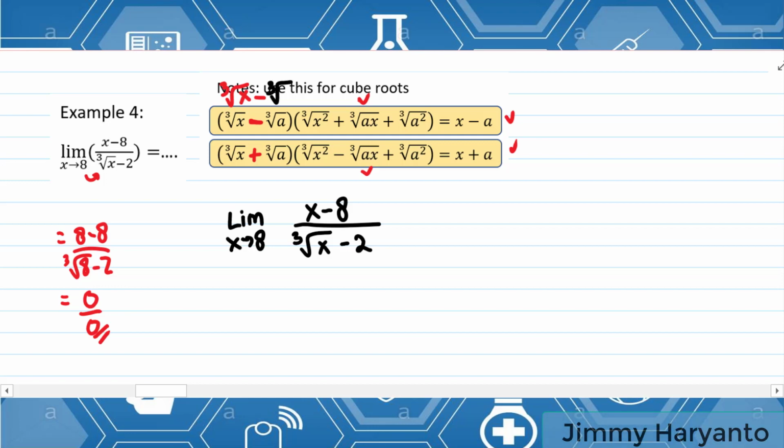Yeah, cube root of 8, of course. So you will copy this formula: cube root of x squared, and then plus cube root of 8x, because the a is 8, not 2, plus cube root of 8 squared, guys.